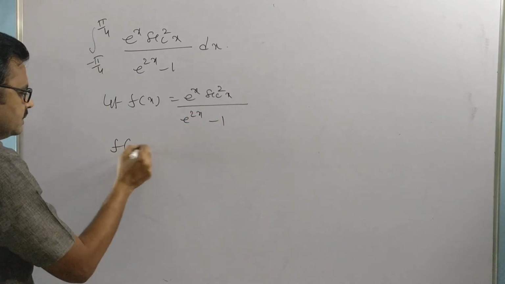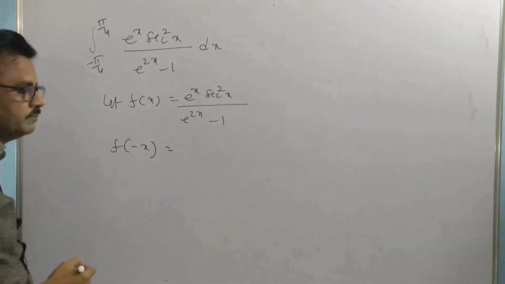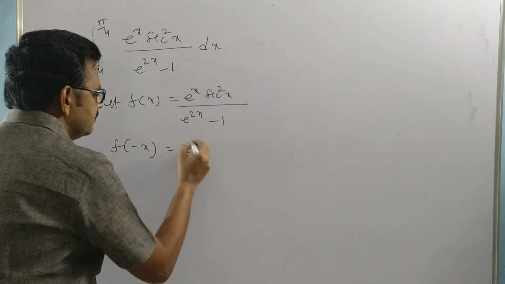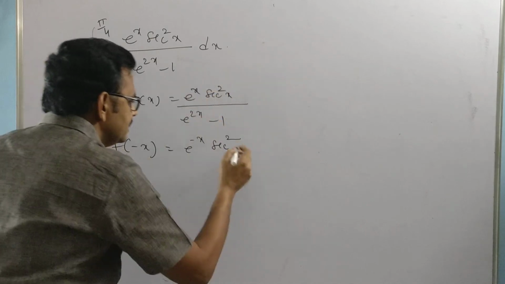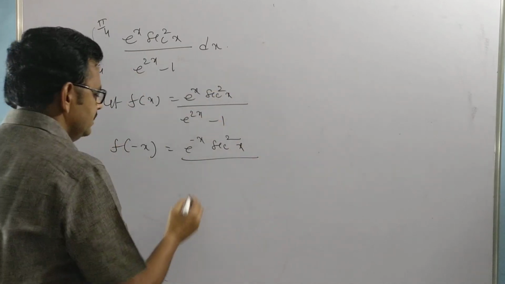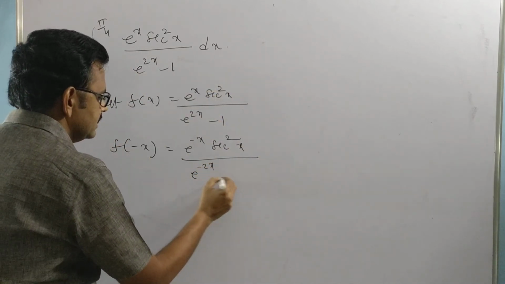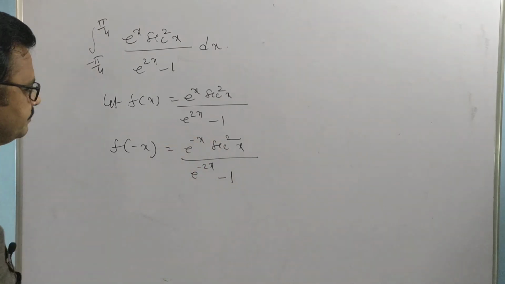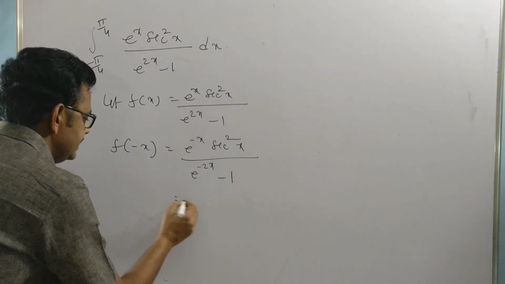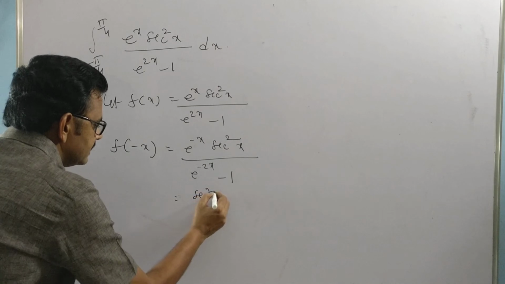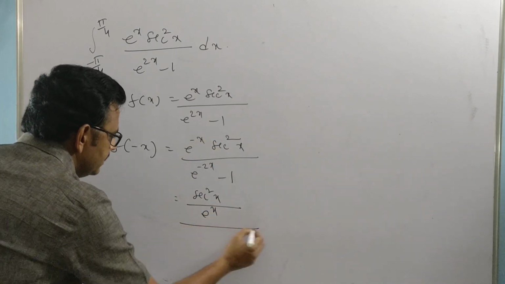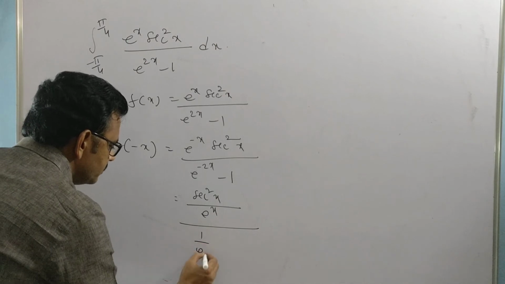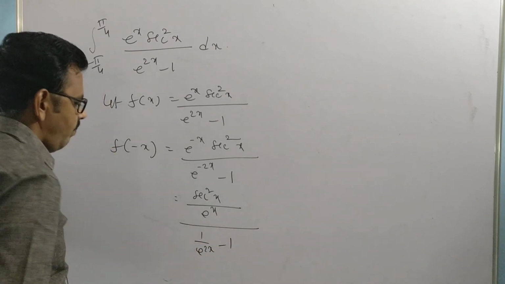Now we have to calculate f of minus x. E power minus x, secant square of minus x is again secant square x, by e power minus 2x minus 1. This you write as secant square x by 1 by e power x, by 1 by e power 2x minus 1.